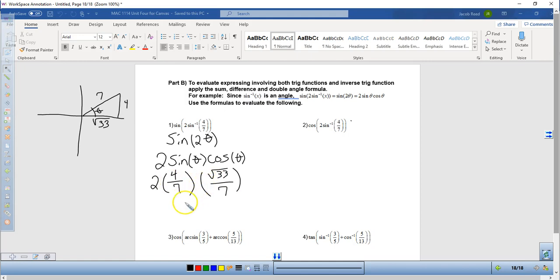So now we multiply and simplify. I'm going to multiply all my numerators, 2, 4, and root 33. That gives me 8 root 33. And on the bottom, 7 times 7 is 49.